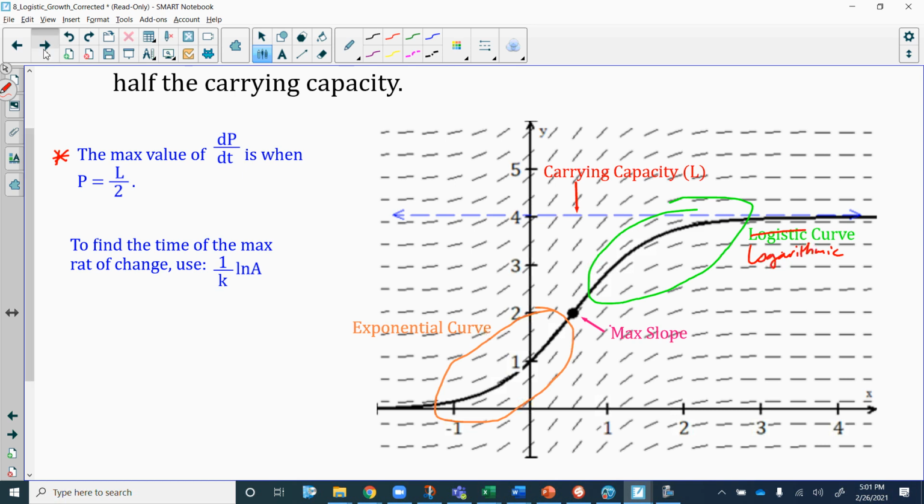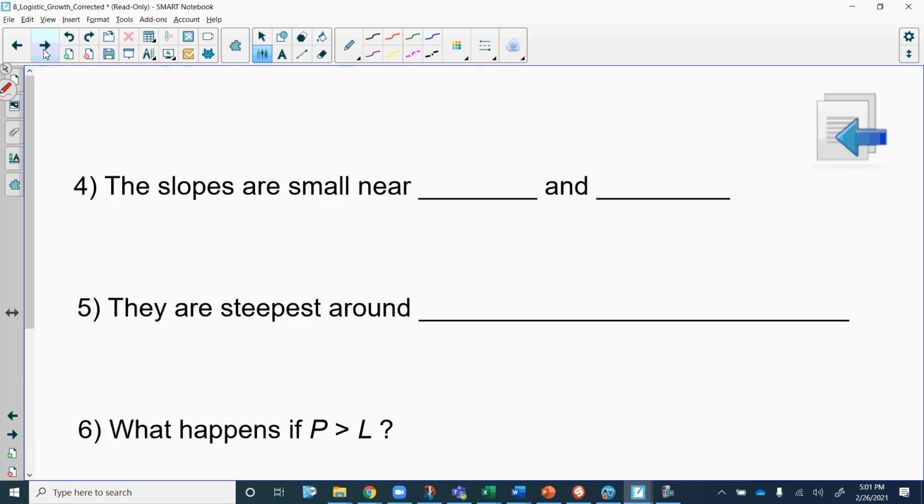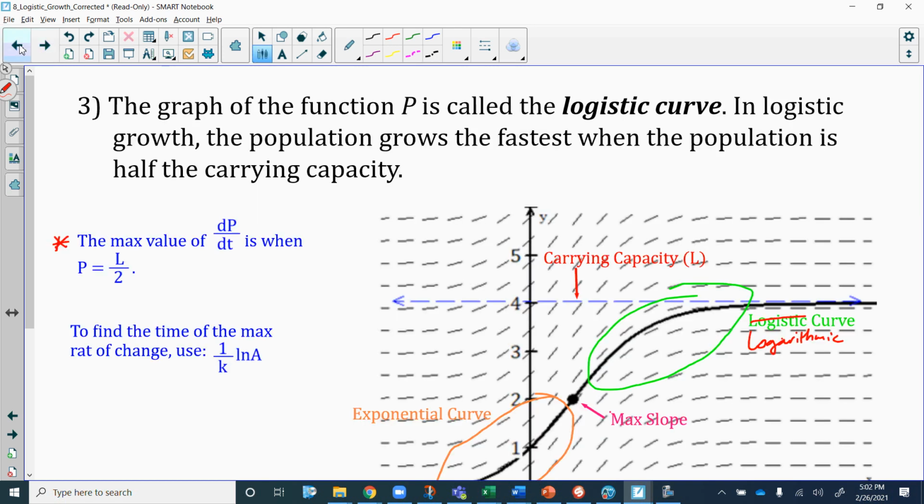Okay, so let's move on here. Looking at the slopes, coming back here, where are the slopes small?